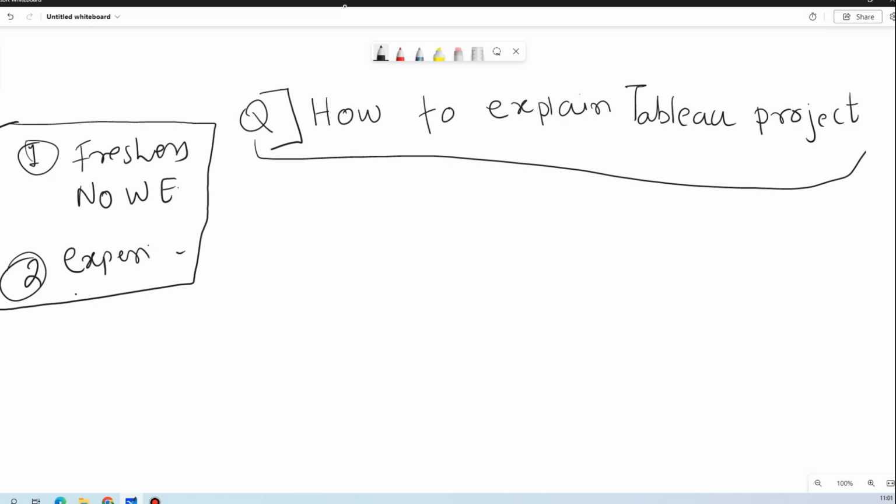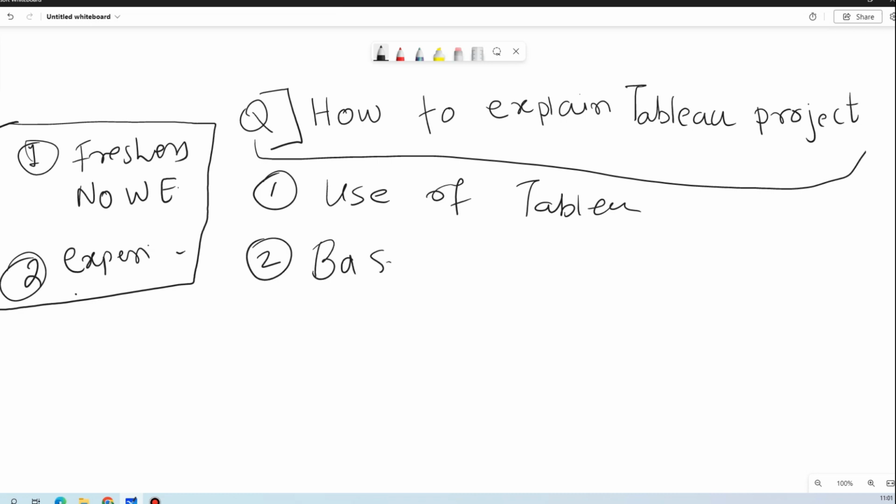Before answering this question, the very first thing is you must know how to use Tableau Desktop. Second, you must be aware of the basic concepts of Tableau.